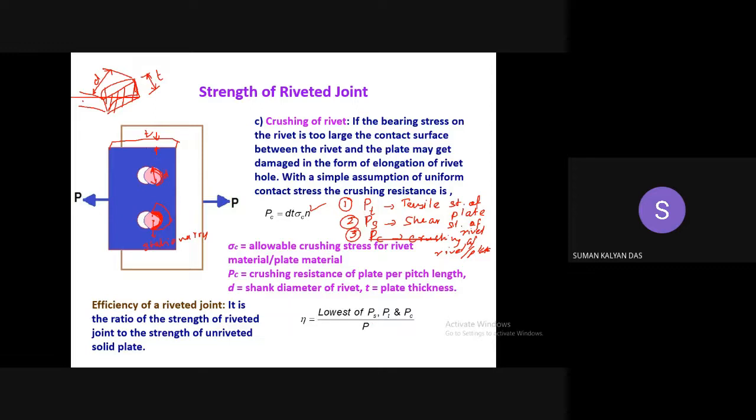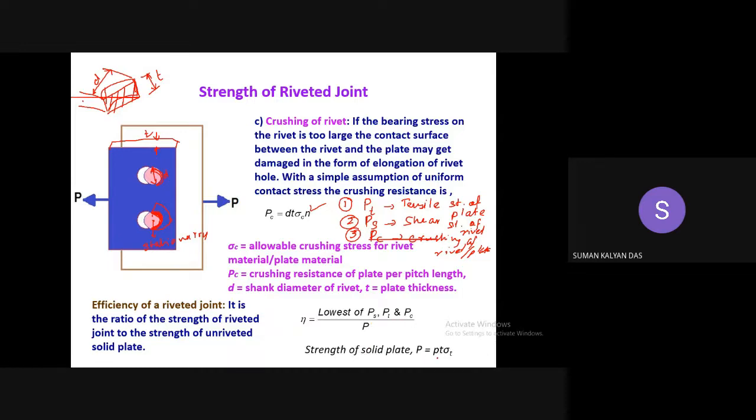Highest নিয়ে আমি worried নই, আমার তো সব সময় as a designer I am worried about the lowest one. So I will select the lowest one among these three, and that is to be put on the numerator, and on the bottom is the strength of the solid plate, which is nothing but this.